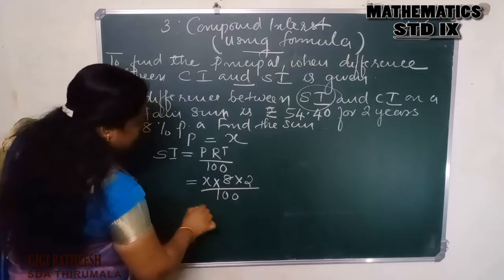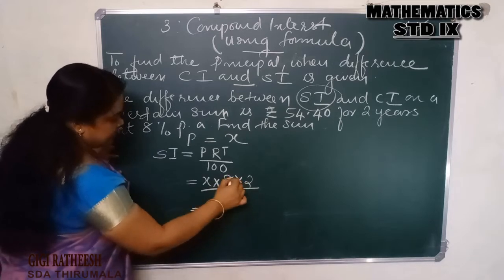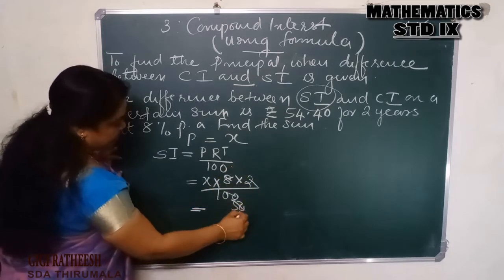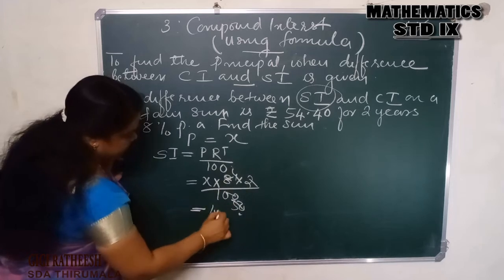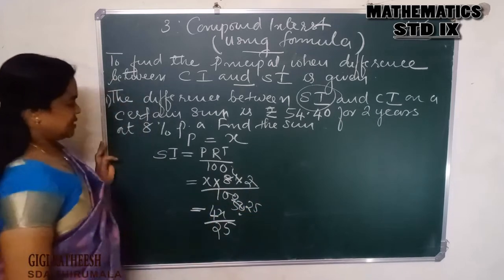Calculating this, we get 4x by 25. That is SI.